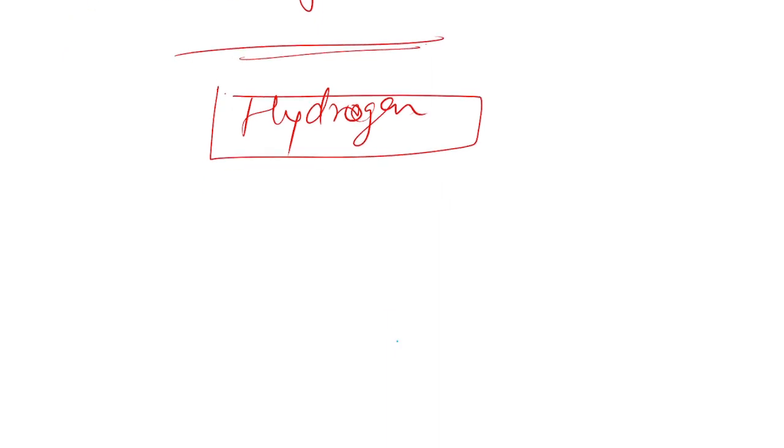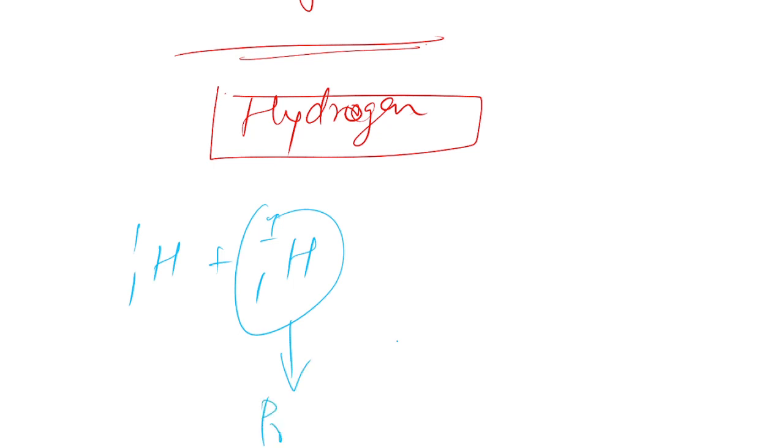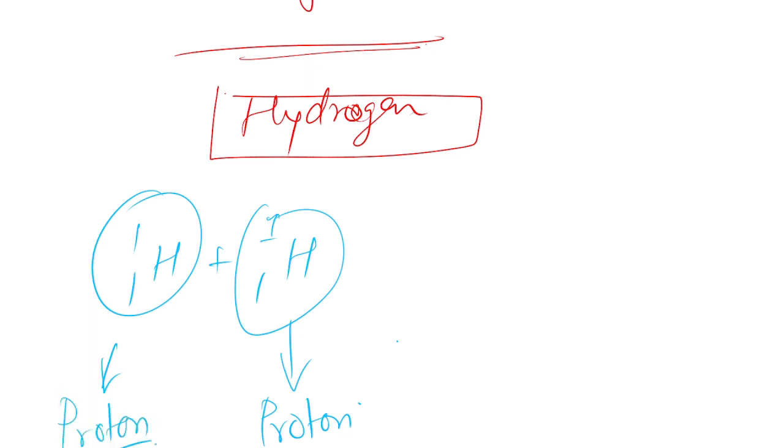Let me change the color. So let's say there is one hydrogen. It combines with another hydrogen. You can say this is a proton as well, because inside the nucleus there is no neutron. So you can say this is simply a proton.